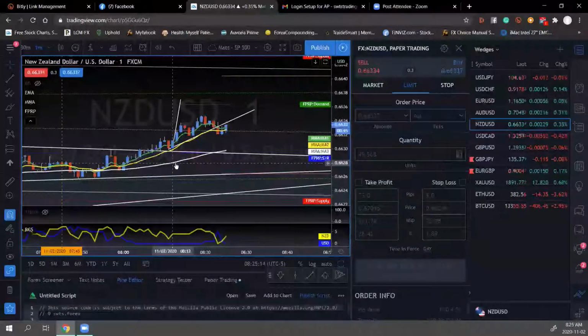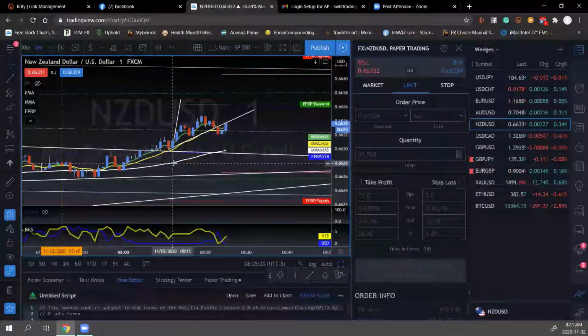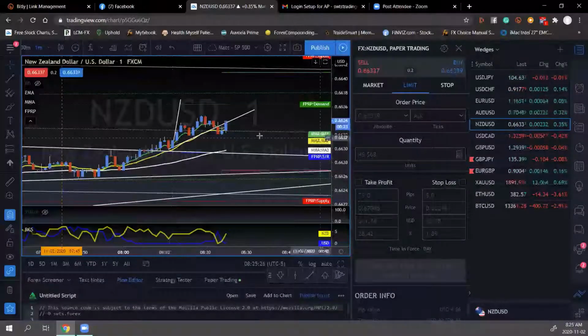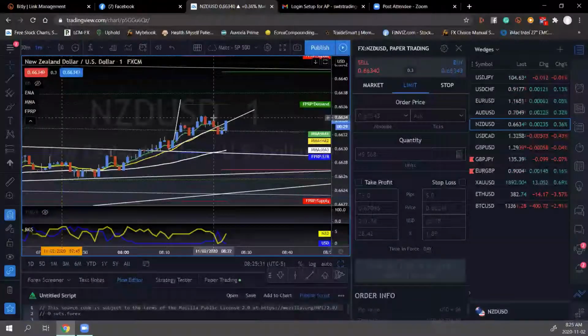So, oh, maybe I'm wrong. Maybe they're not going to cross. Look at the Kiwi go. Yeah, that's the hook back we were looking for.